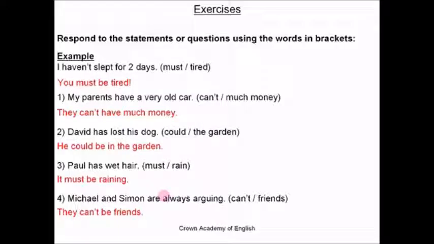We can be certain because we can see that Michael and Simon are always arguing. So we can be certain that they are not friends. And this is the negative. So we say they can't be friends. Okay? So that is the last question in the exercise.